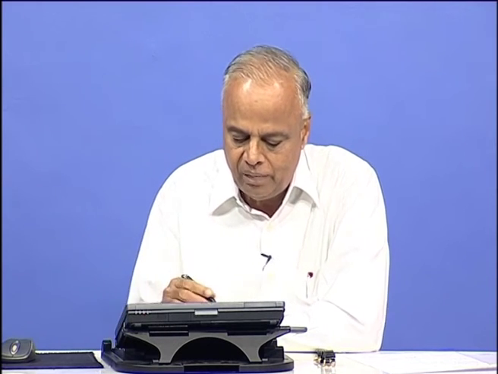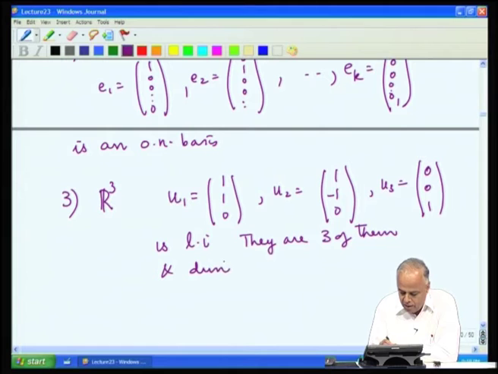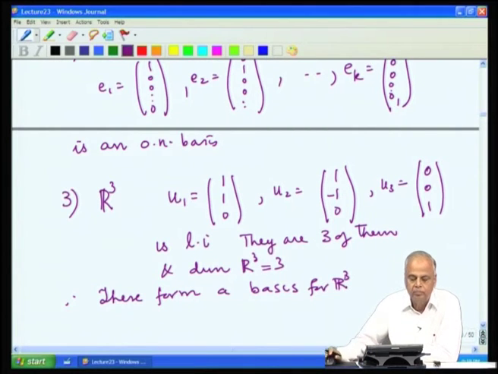Any 3 linearly independent vectors in R 3 will form a basis for R 3. Therefore, the first thing we notice is that these form a basis for R 3.